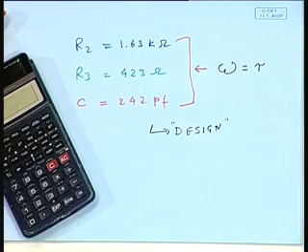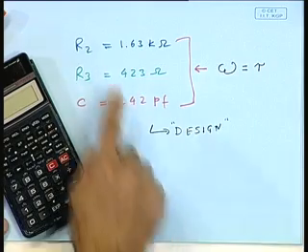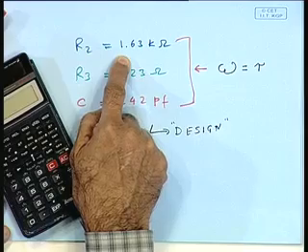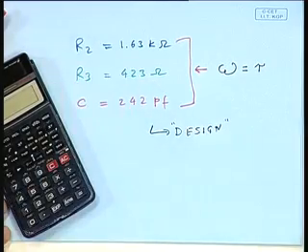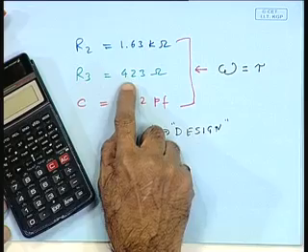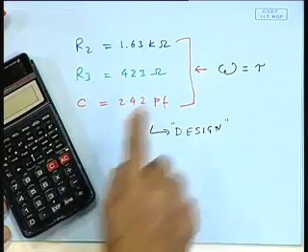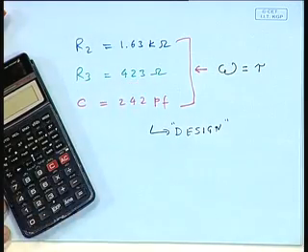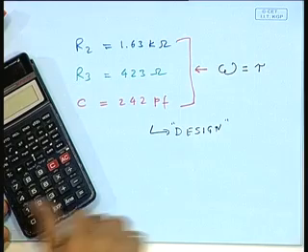Now the problem is this. If I go to a store and say, please give me a resistor that is 1.63 kilo ohms, I'll never be able to find that because that's not one of the standard parts. If I say, give me a resistor that has a resistance of 423 ohms, tough luck. I can't find that on the shelf anywhere.